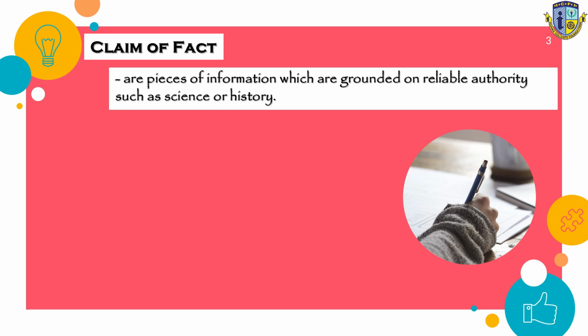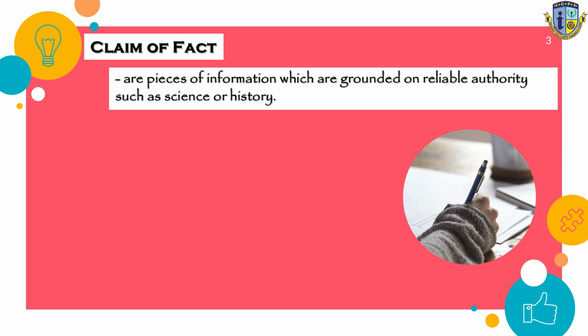Claims of fact relate to the statements that can be easily verified no matter how difficult. They are not dependent on a person's preference, but can be true or false. It also asserts that a condition has existed, is existing, or will exist and is based on facts or data.